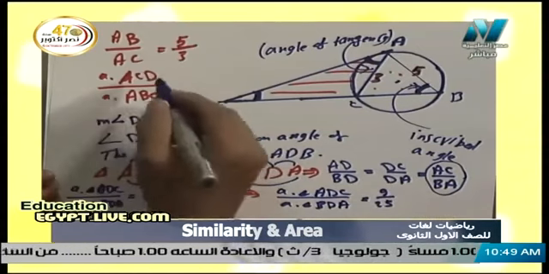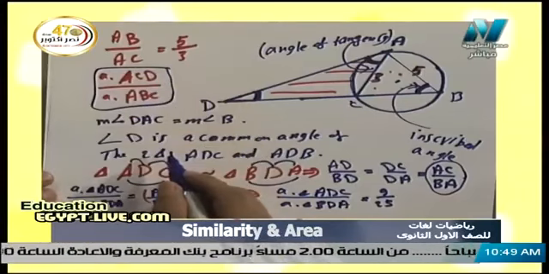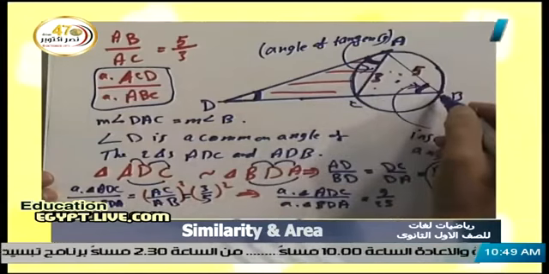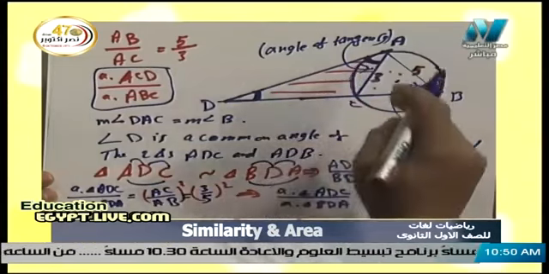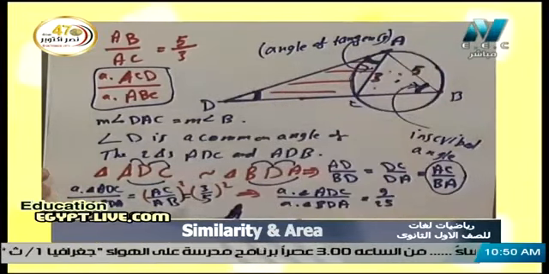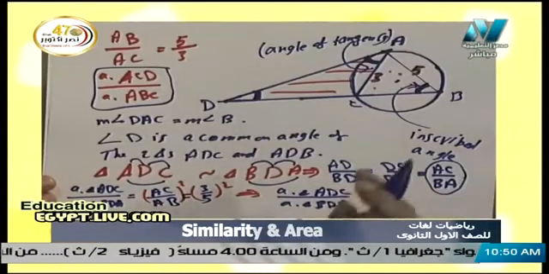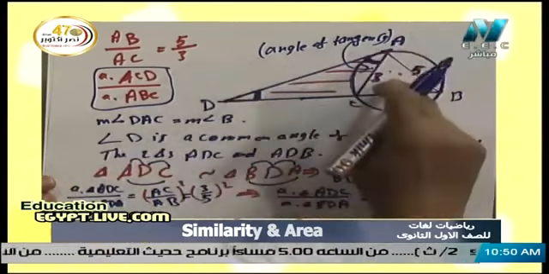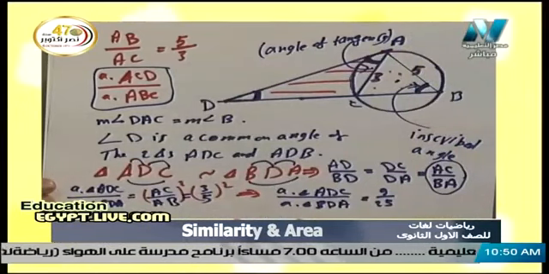But the request is to find the ratio between the area of triangle ACD, this one, and the area of triangle ABC, this one, not the whole triangle. So we must subtract the area of triangle ACD from the whole triangle to get the triangle ABC. Where is the triangle ADB?